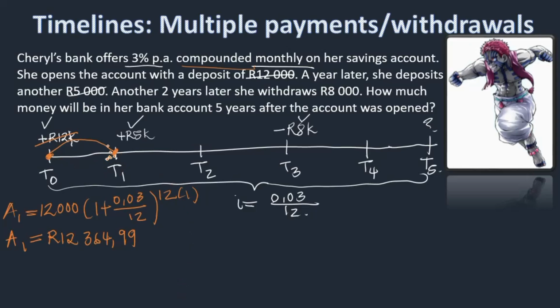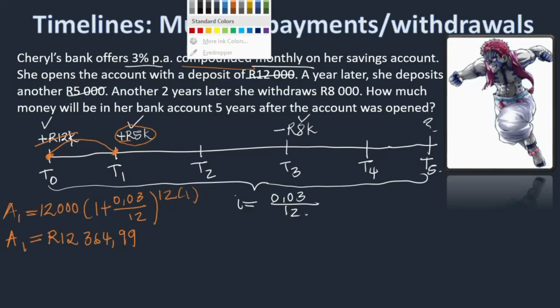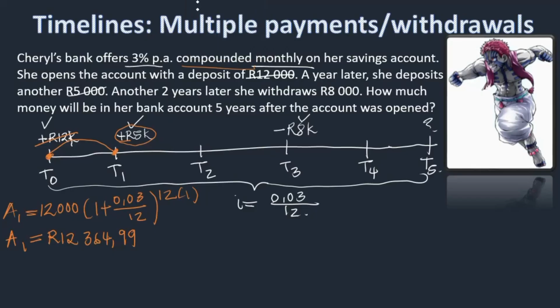Now, why did I calculate this far? Because after this point, there's another transaction that happens, which is this one now, right? So this transaction, I'm going to add it here with a different color. Let's choose white.